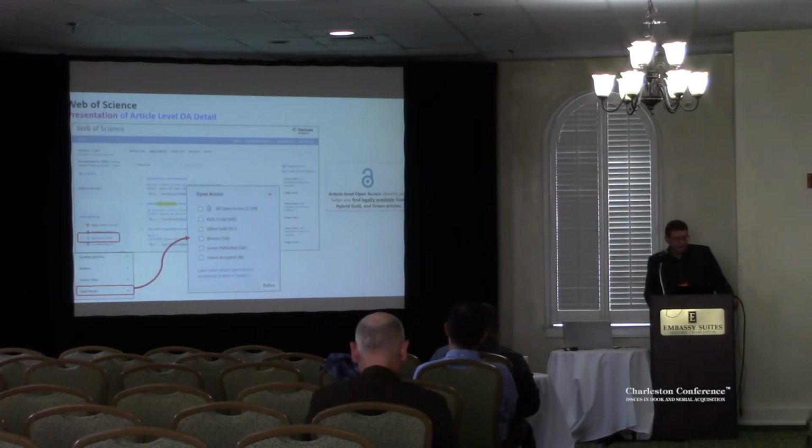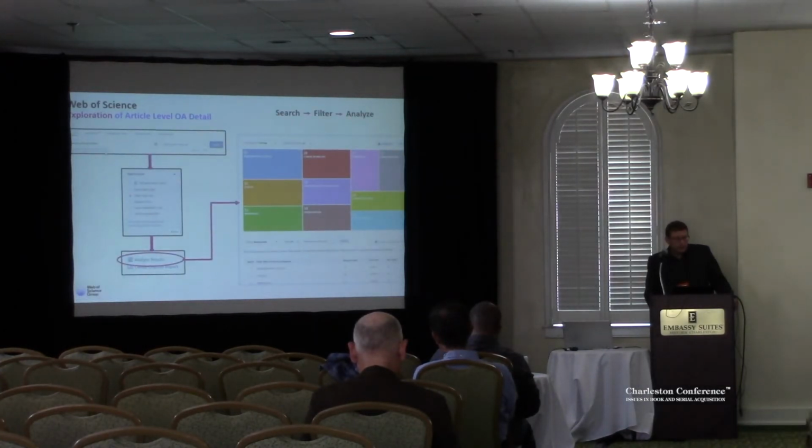Typically everyone will see this general open access filter here, but unless you've really peeked under the covers of Web of Science, you may not know that we're doing this. And users typically aren't concerned, at least the end users typically aren't concerned with the status of an article. They just want to get to the article. But librarians, on the other hand, may be very interested in what we're presenting here and what it can teach you and tell you.